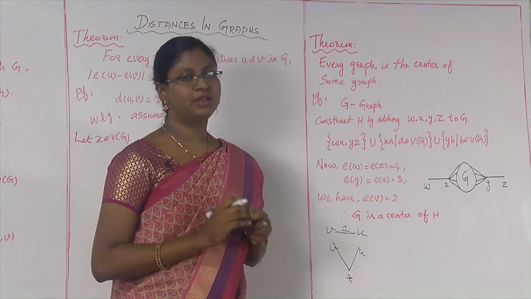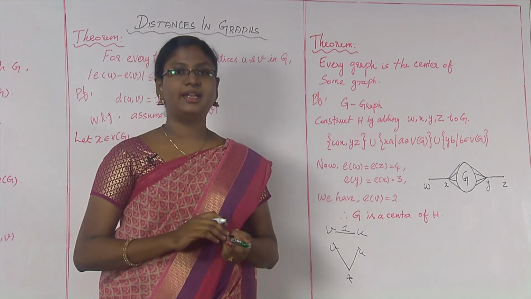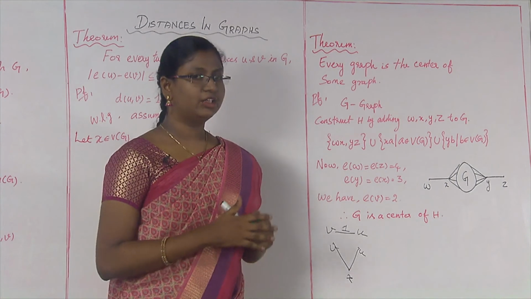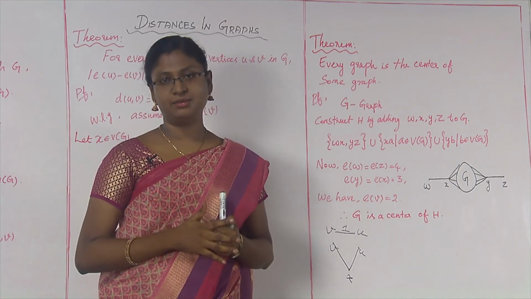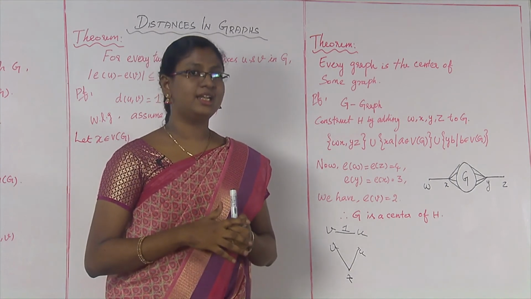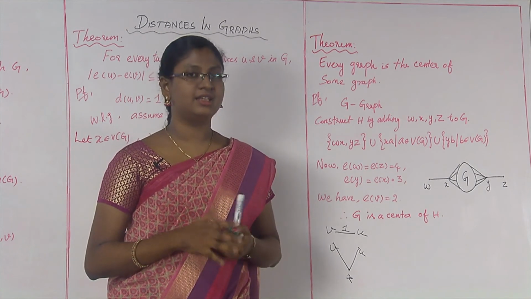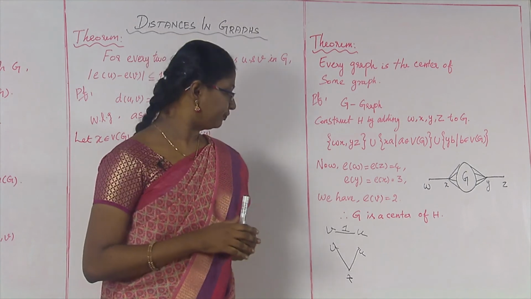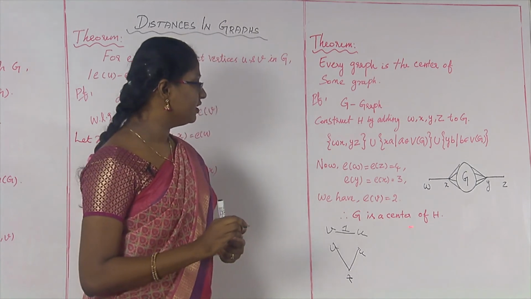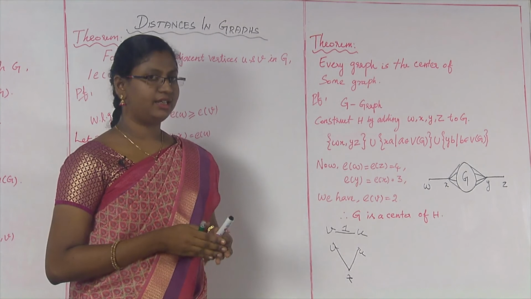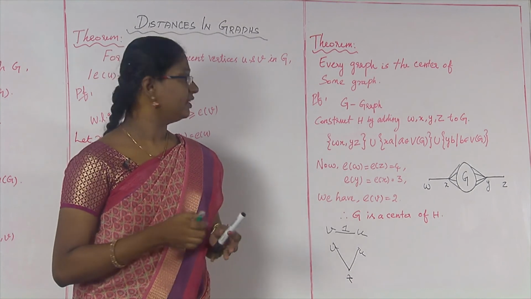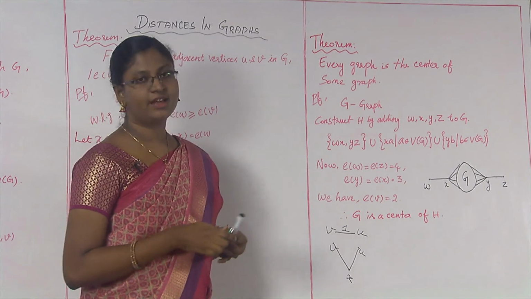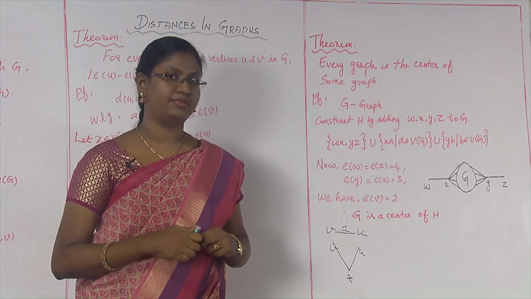And when we speak about the center, we collect the vertices which have minimum eccentricity. So, here all the vertices in G have the minimum eccentricity, that is 2, and the center of my new graph H is G, the old graph that we already had. So, G is the center of H. So, we proved that G is the center of some graph and hence the theorem is proved. Every graph is the center of some graph, or every graph is isomorphic to the center of some graph.